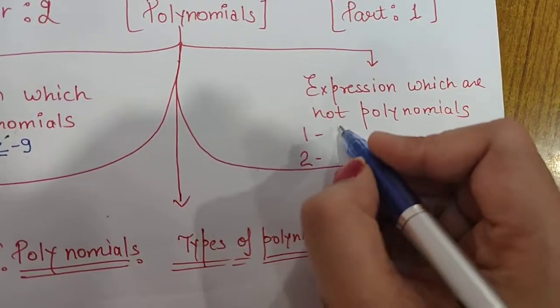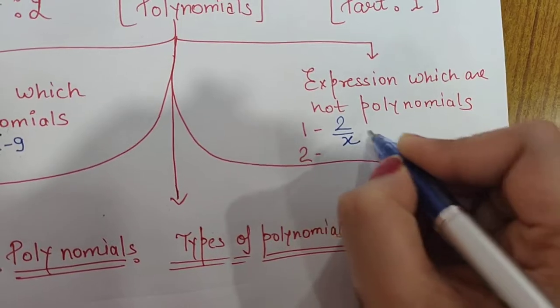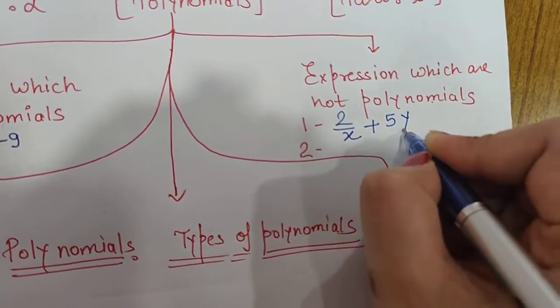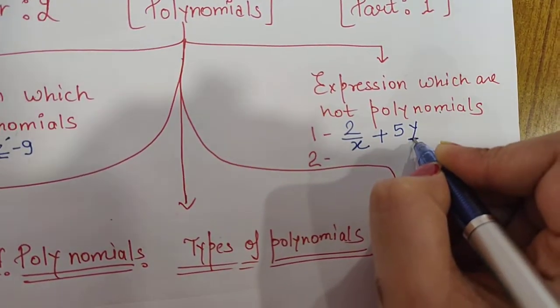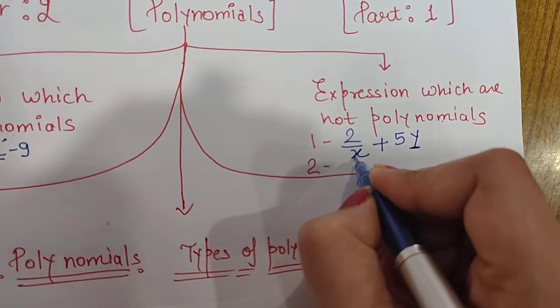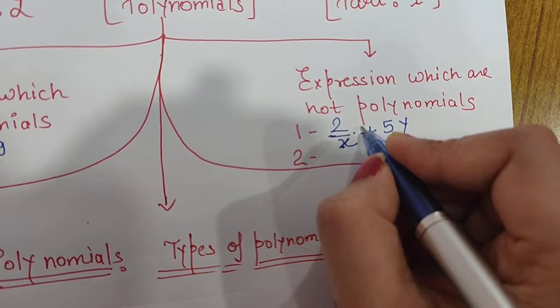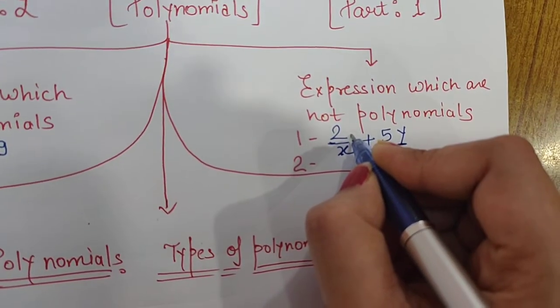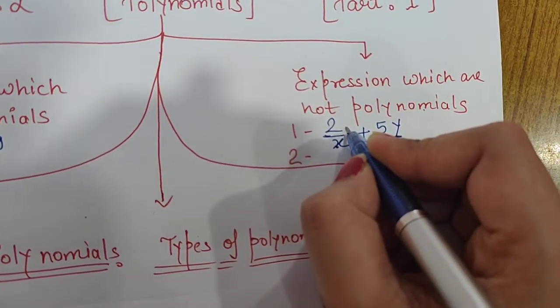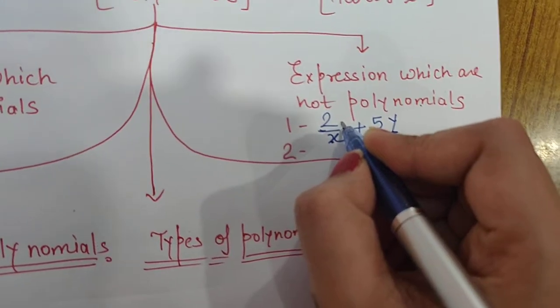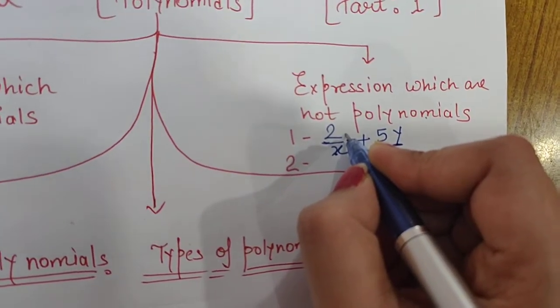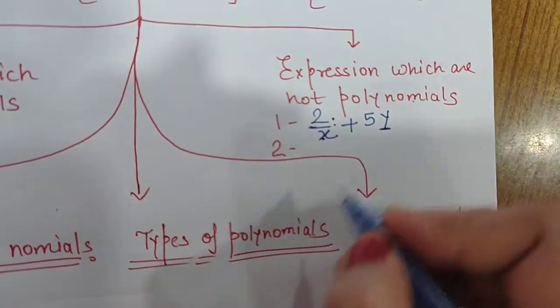So here I am writing 2 upon x plus 5y. See, this variable's power is a whole number, 1, but this variable's power is not a whole number, because it is in the denominator, and when we shift this variable to the numerator, x will be raised to the power minus 1, and minus 1 is not a whole number, so this is not a polynomial.